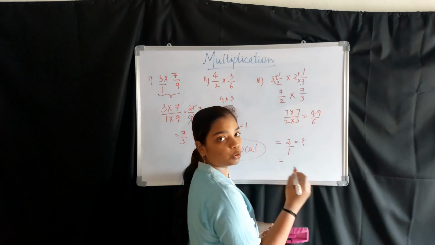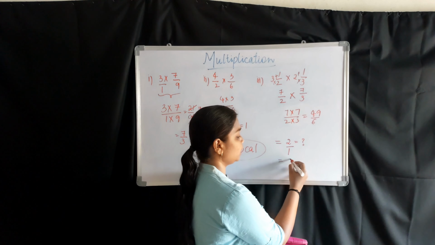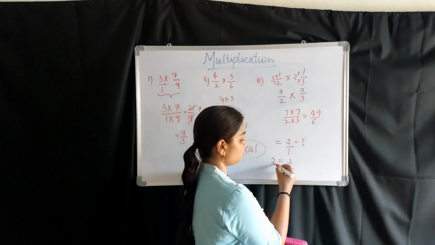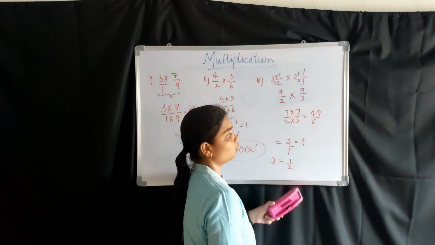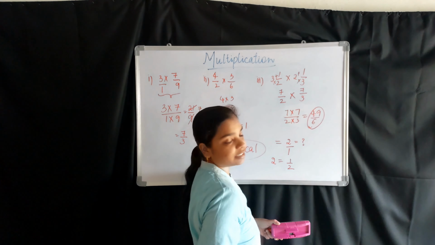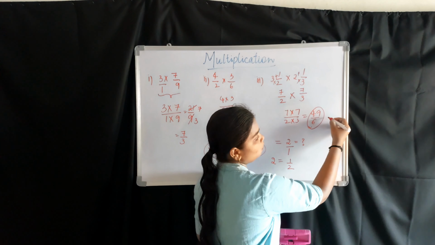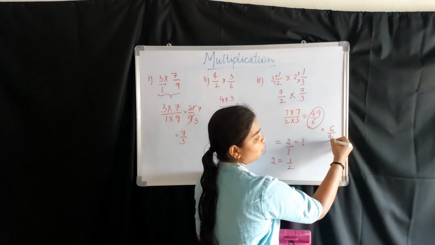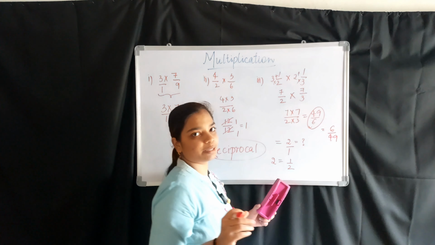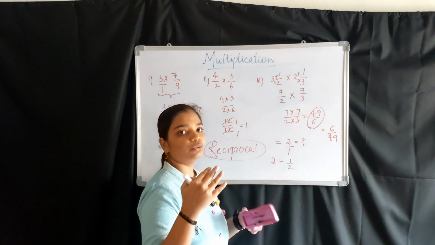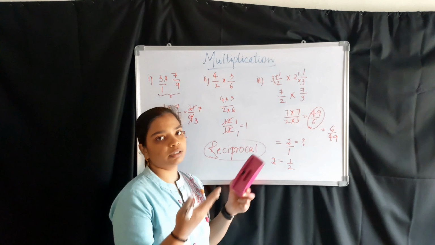If it's 2 by 1, the reciprocal would be 1 by 2. So the reciprocal of 2 is 1 by 2. In case I take the reciprocal of 49 by 6, it would be 6 by 49. So it's quite simple. You just have to turn the fraction upside down.